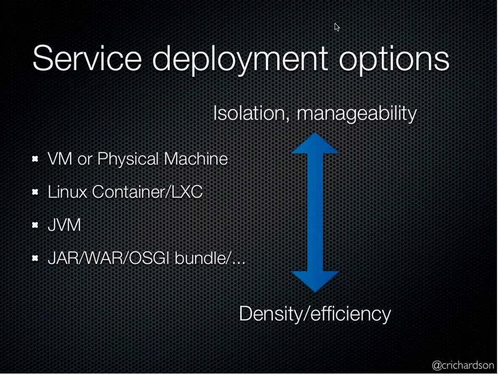And you've got all these different options that really let you trade off isolation and manageability on the one hand, where if each service is in its own VM, then it's truly isolated from all of the other services and easier to manage. I should also add cost on here. It tends to be more expensive.